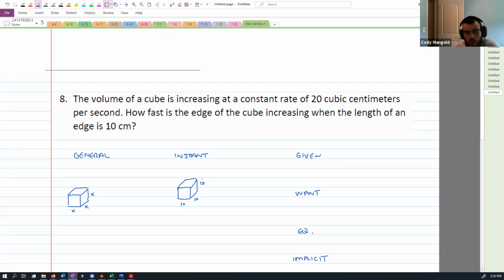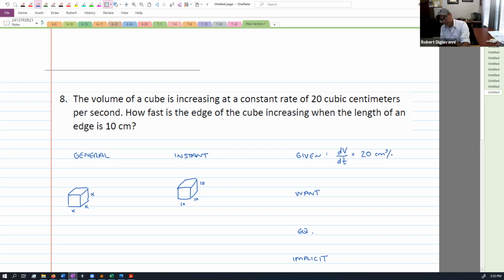We're given how fast the volume is changing. So we're given that the change in volume with respect to time is 20 cubic centimeters every second. We want how fast the edge is increasing. So I want to know how fast x is changing with respect to time at exactly the moment that x is 10 centimeters.